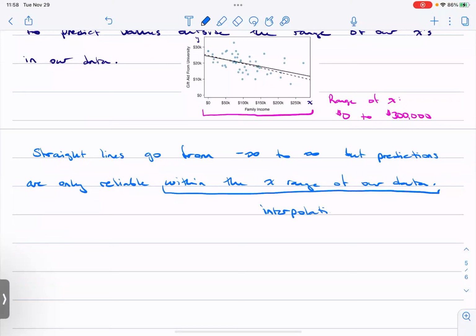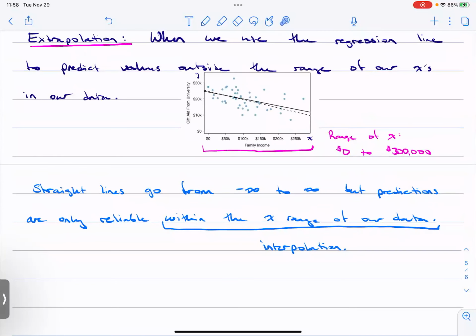Yes? Do predictions get less reliable the further you go away from the data? Yes. So you can kind of push it a little bit. Is it reasonable to think that an income of 300,000 going to 350 is still probably safe? But at some point, if you go to a family income of $1 million, let's say, then you would likely get a negative gift aid prediction, which at some point you just hit zero.